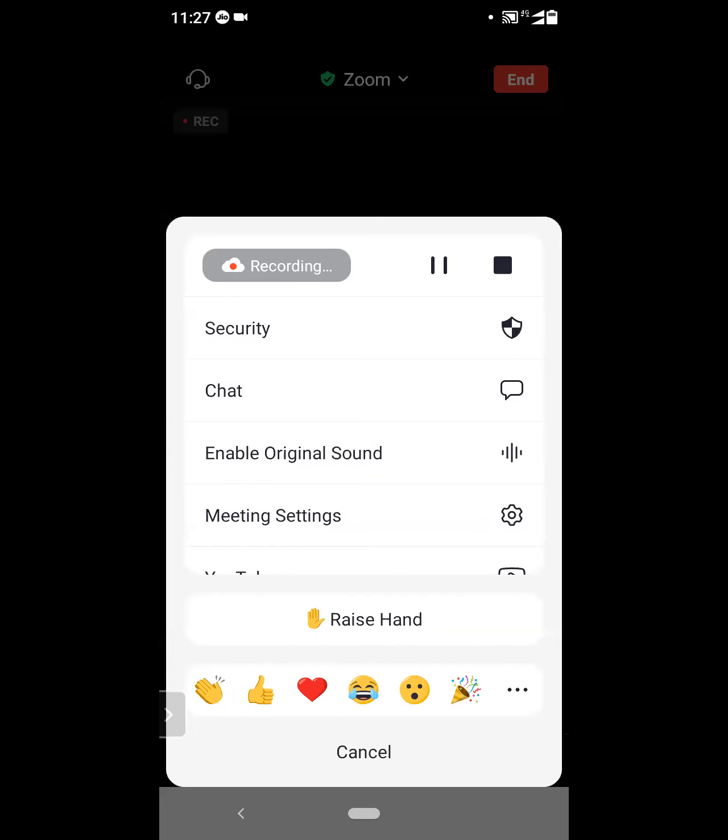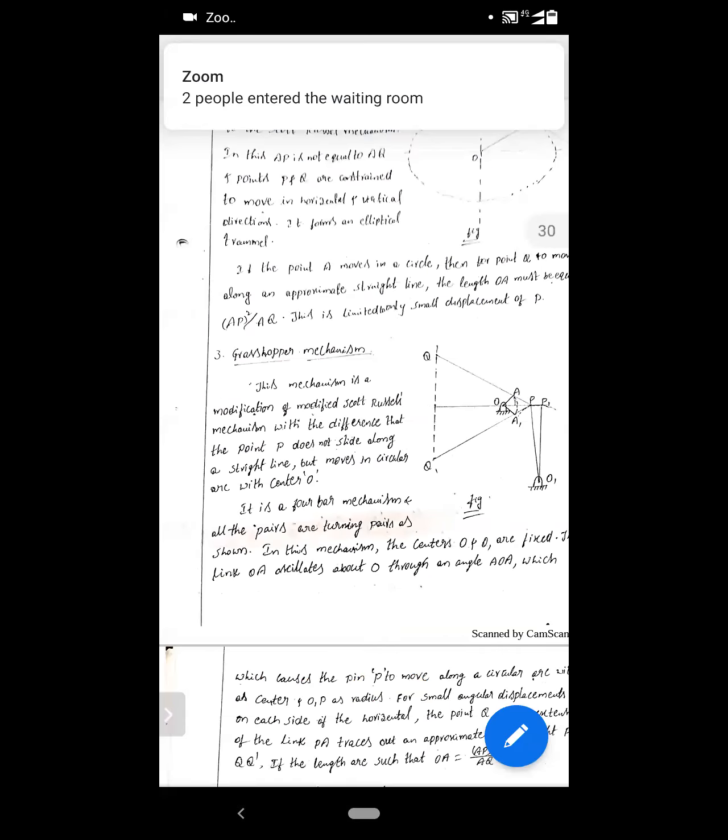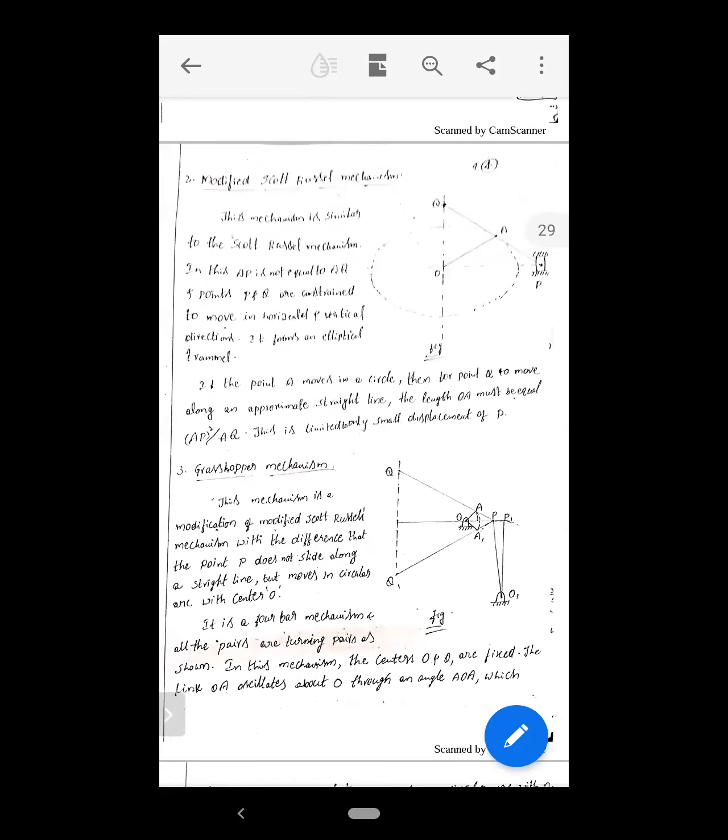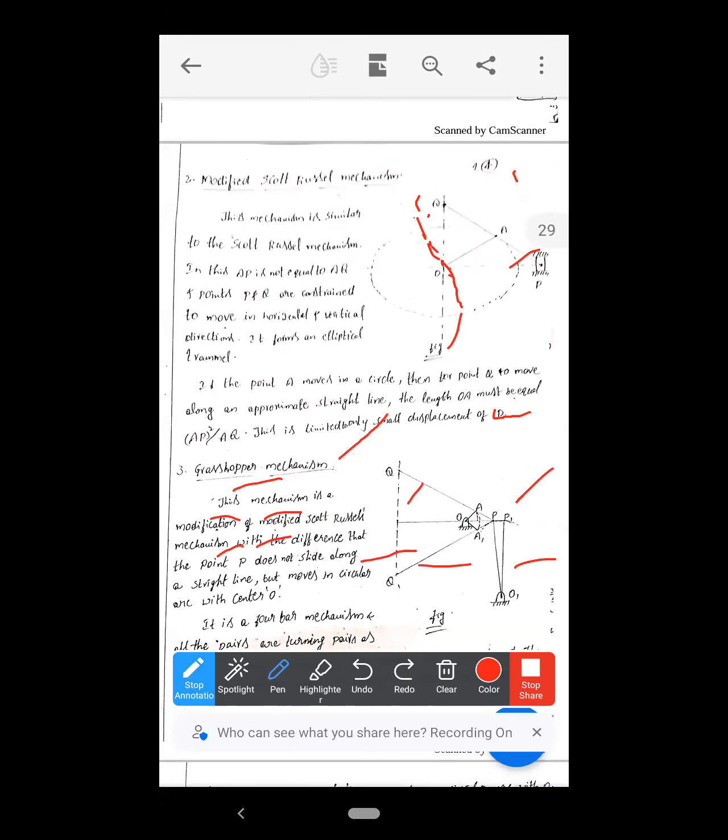Now the modified Scott-Russell mechanism. Similar to the Scott-Russell mechanism, but here we take an elliptical trammel, an elliptical shape.